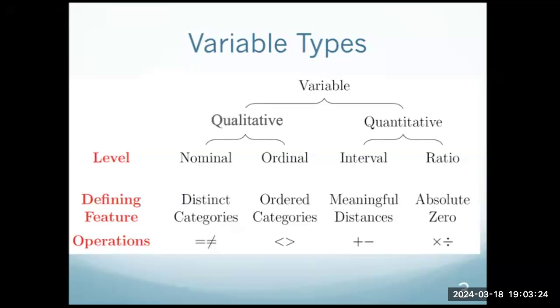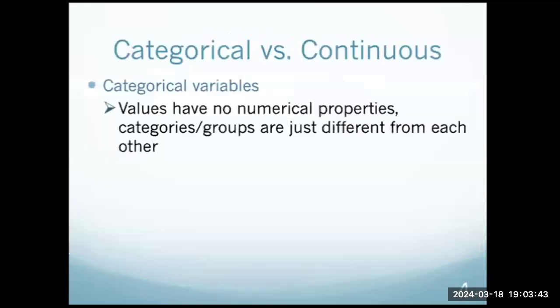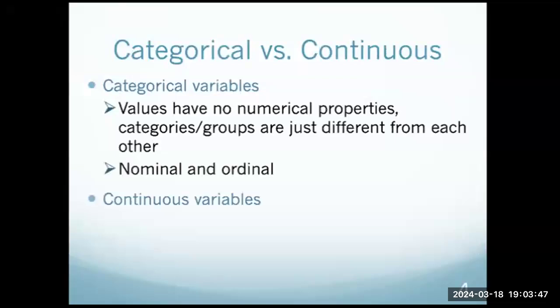It's important to remember these variable types because when we talk about surveys, there are going to be different ways we can ask questions. And the way we ask them, the variables we collect, is going to determine how we're going to do the analysis afterwards. So remember, categorical variables have no numerical properties, right?